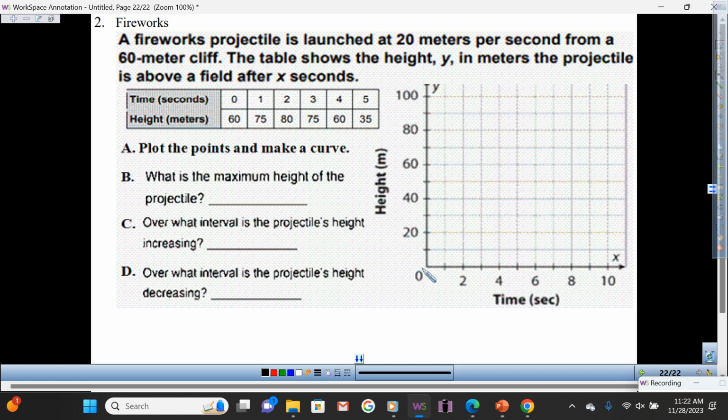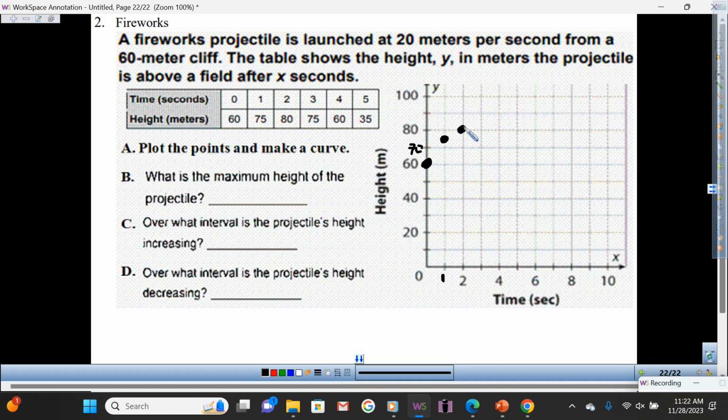0, 60. 1, put a little 1 there, 75, which is, let's see, this is 70. 75 is in between 70 and 80, so about right there. 280.